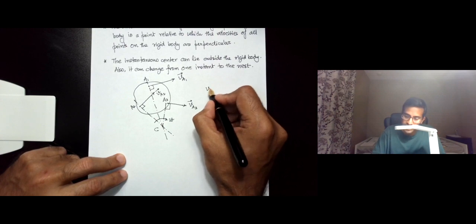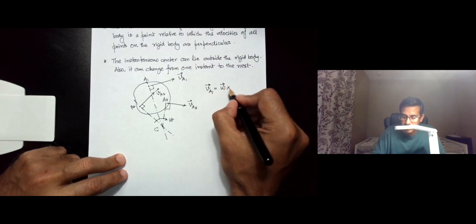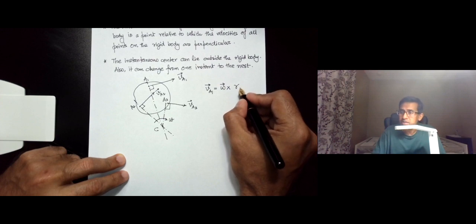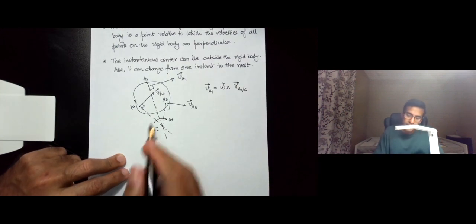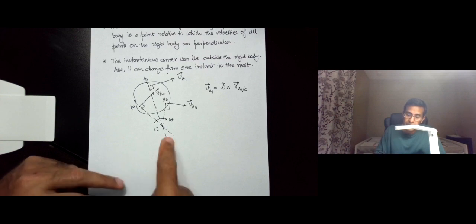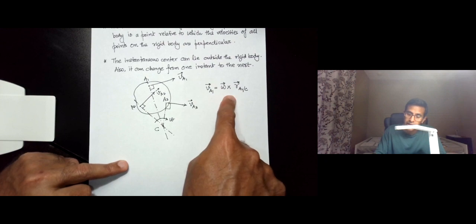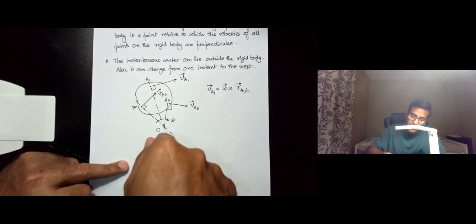You have VA1 is equal to omega cross R, and I'm going to say A1 with respect to C. You can use the right-handed coordinate frame and the right-hand rule of finding the cross product of unit vectors to indeed see that the direction of velocity of A1 is being predicted correctly by this cross product, because omega is pointed downwards.